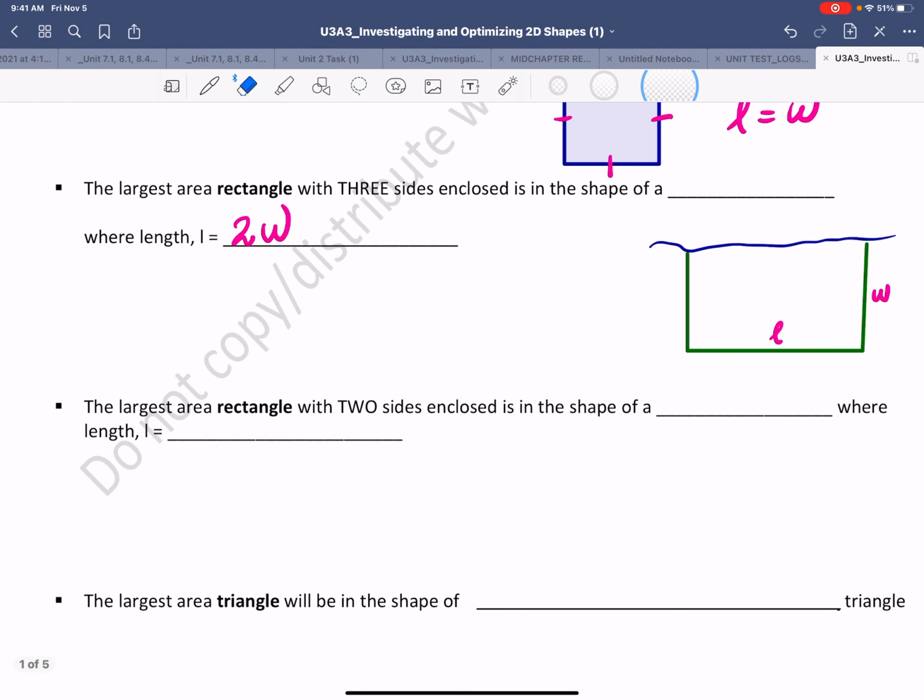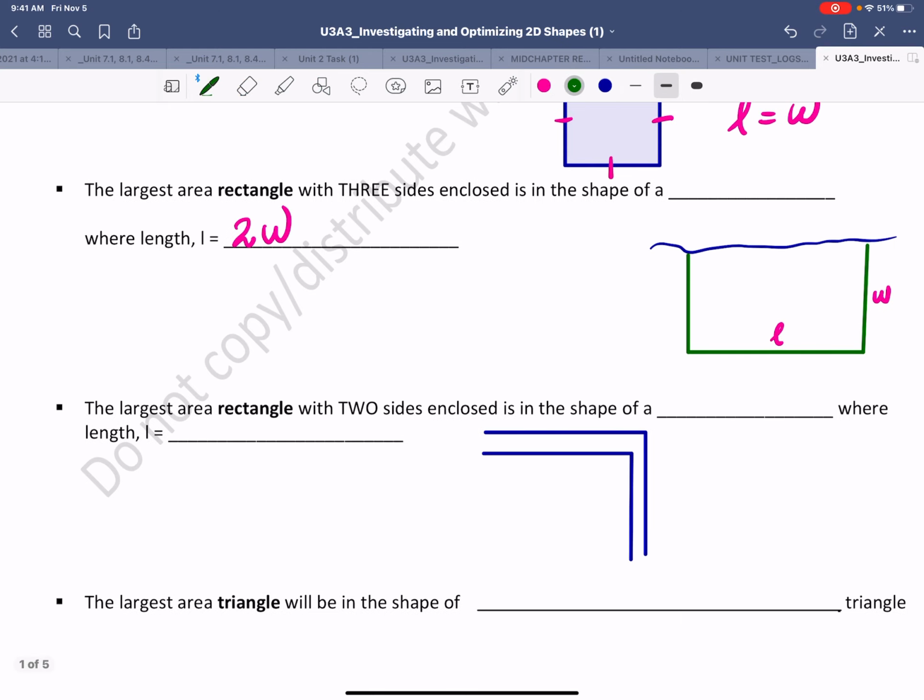Now, the third scenario is the largest area rectangle when we have only 2 sides enclosed. So, for example, if we are trying to enclose the parking lot of a certain building, and the building is, let's say, an L-shaped building, and we're not going to need a fence all over 4 sides, but we're only going to need to fence 2 of the sides.